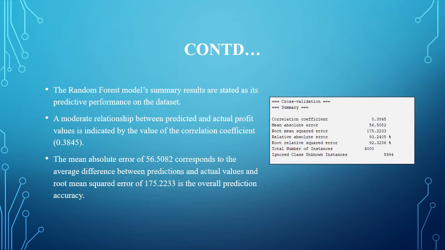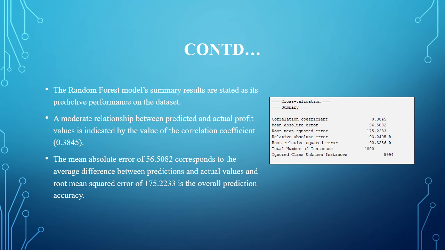Random forest model. The summary of results states its predictive performance on the dataset. A moderate relationship between predicted and actual profit values is indicated by the correlation coefficient value of 0.3845.